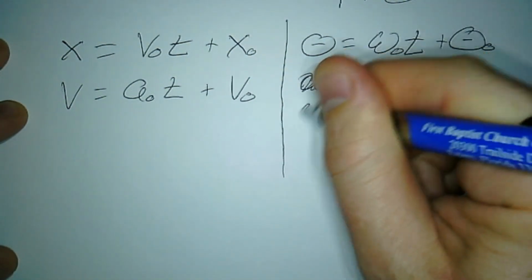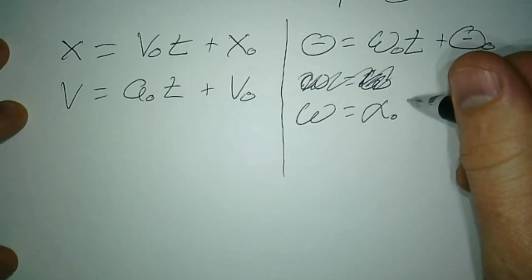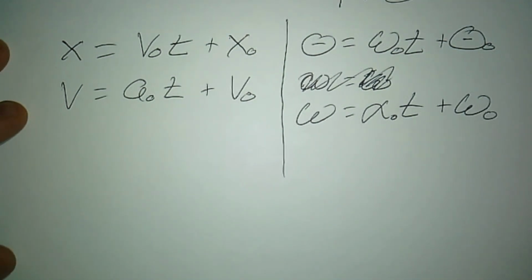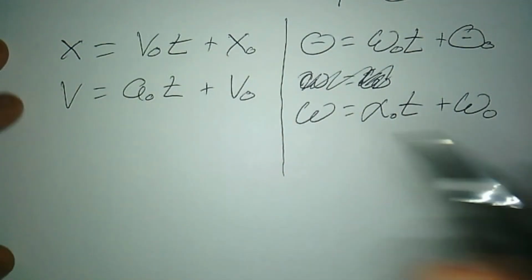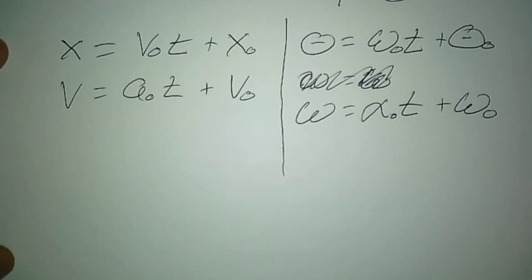Let's write this on a new line. Omega equals alpha times t plus omega naught, your initial angular speed. All right? That's pretty much it. And let's do the other ones.